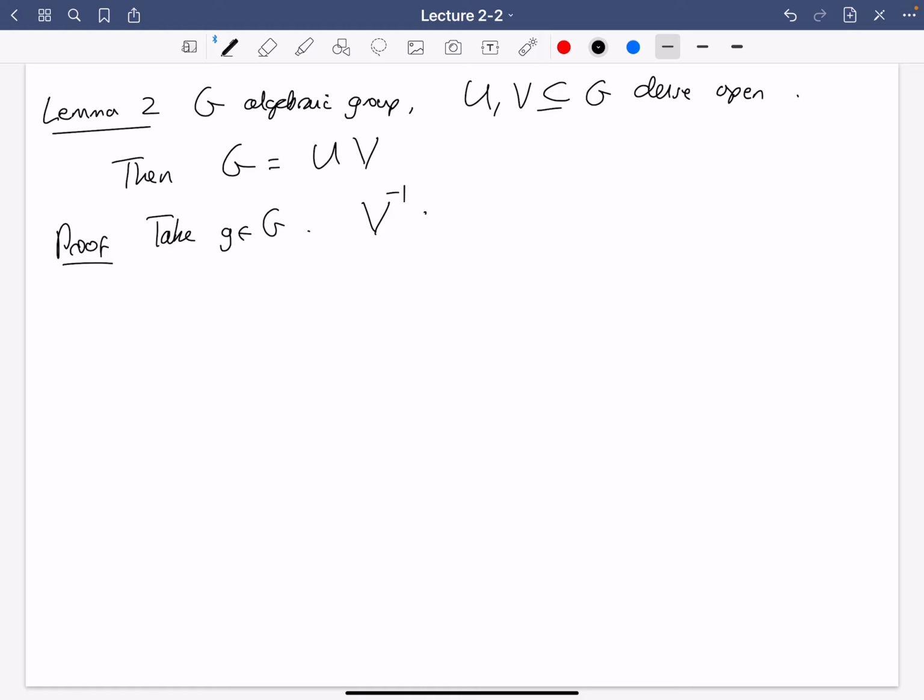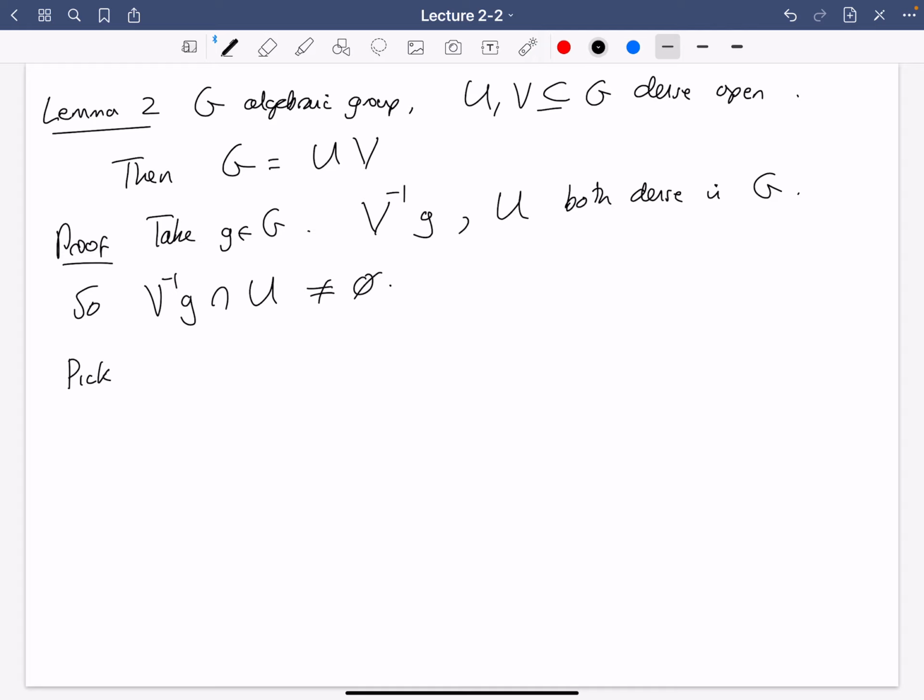And then I'm going to multiply on the right by g. So that's this translation. That's a homeomorphism as well. So this V inverse g, that's dense open, as is U. So these are both dense in G. So the intersection is not empty.